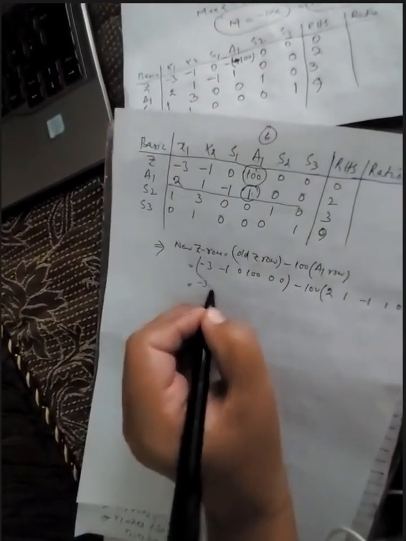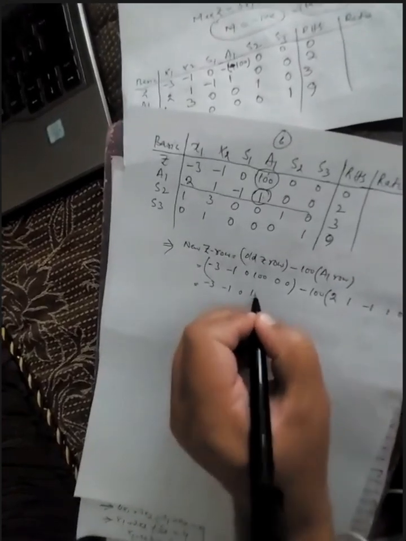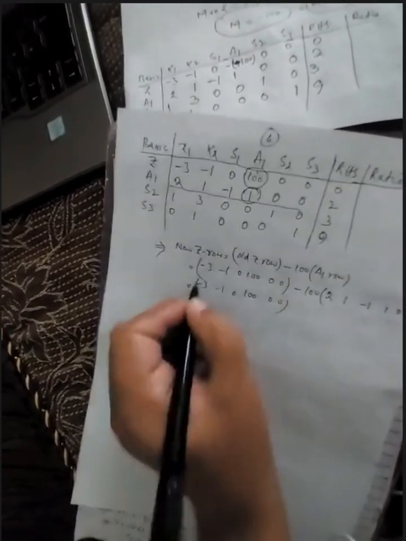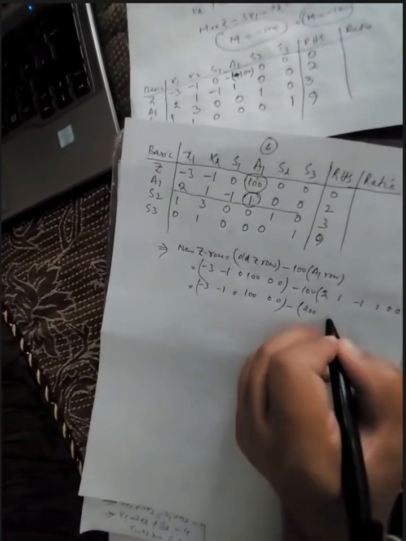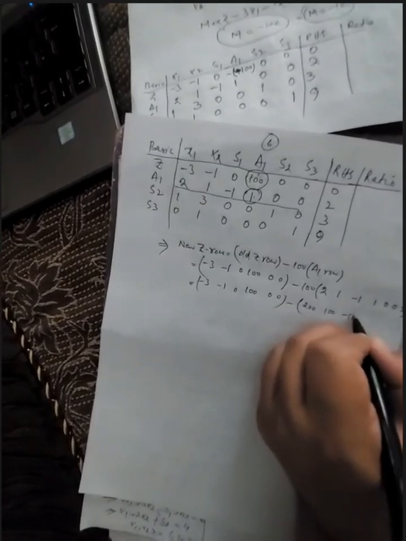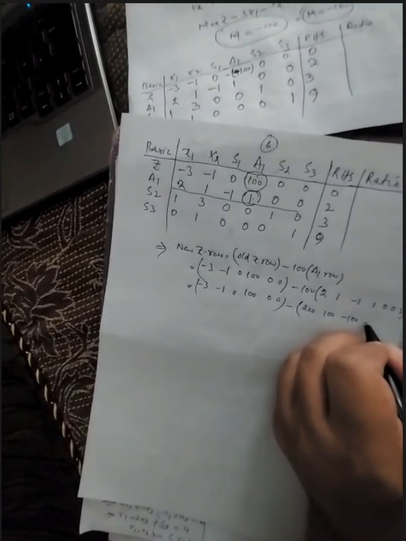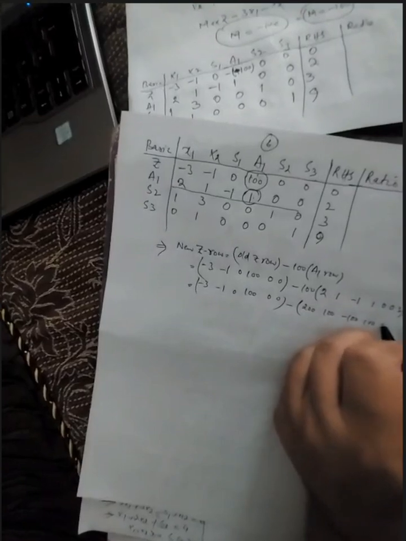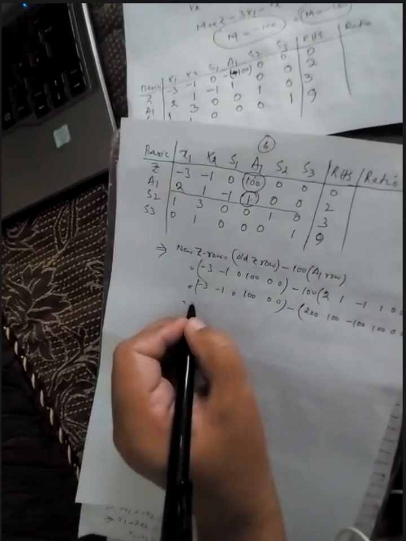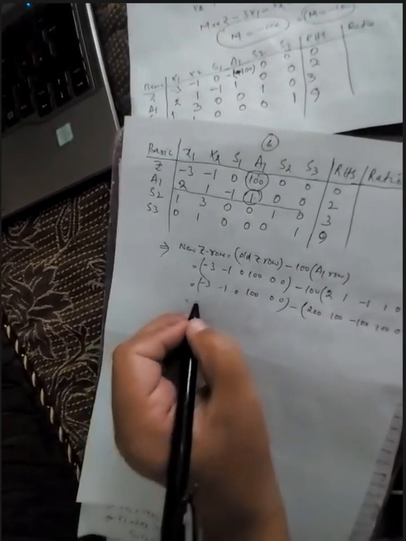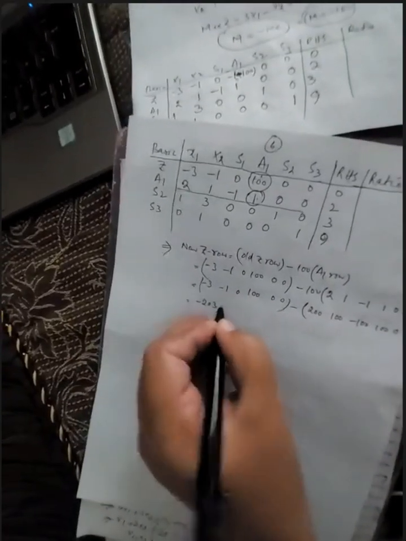So what we get over here is -3, -1, 0, 100, 0, 0, minus 200, 100, minus 100, 100, 0, 0, and 200. Now doing this operation, we get -203.